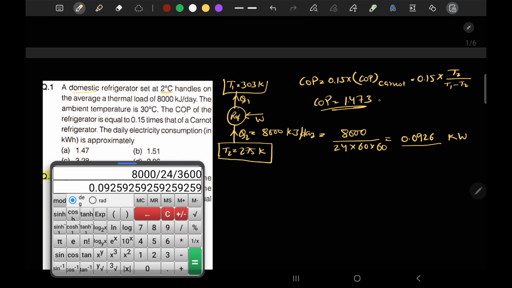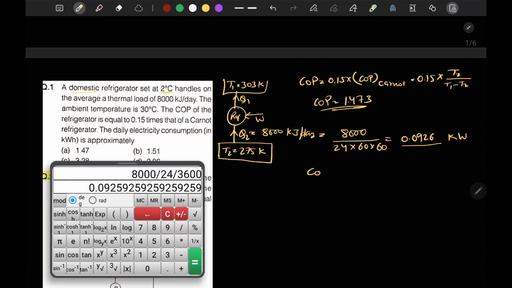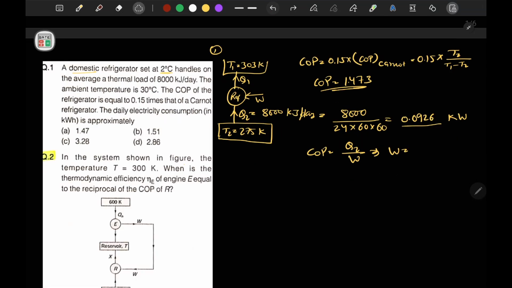So this is question number 1. COP is equal to the desired effect, here our Q2, upon the input, which is work. So the work done is equal to Q2, 0.0926, divided by COP.